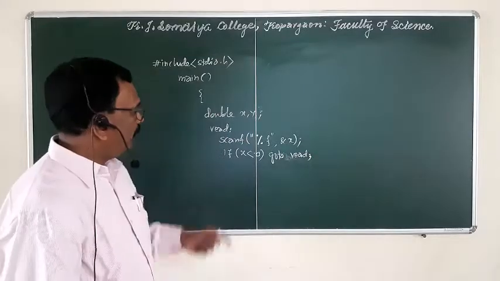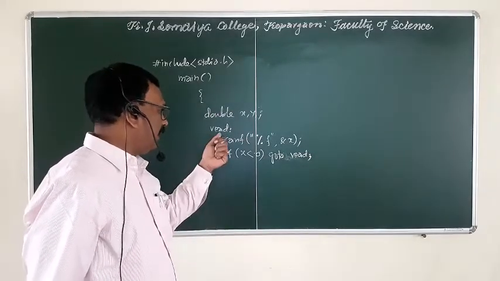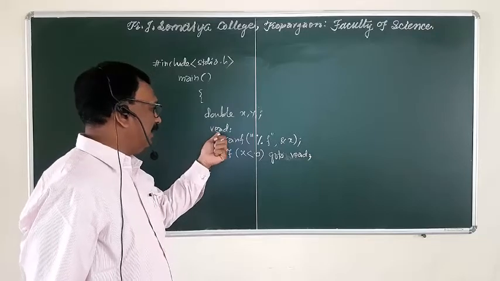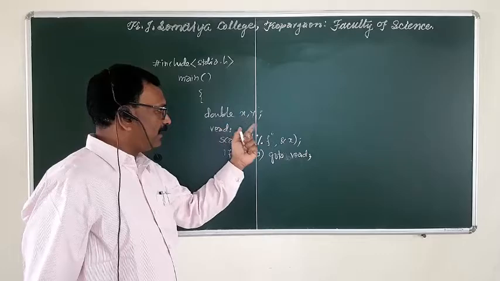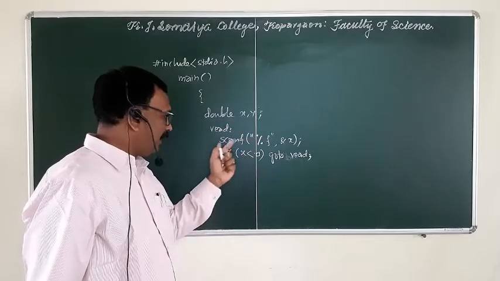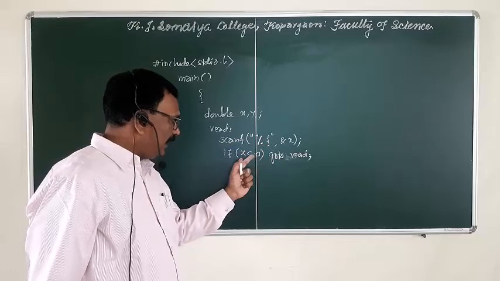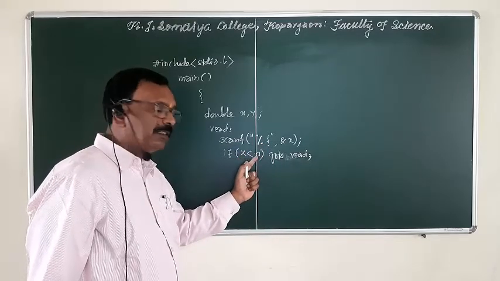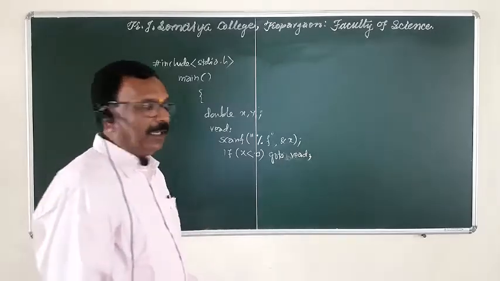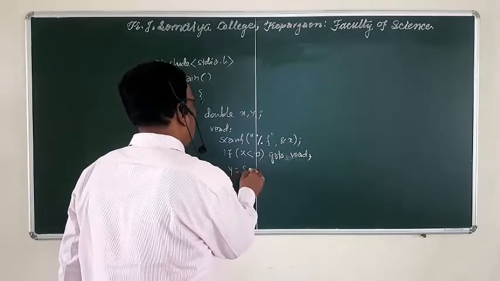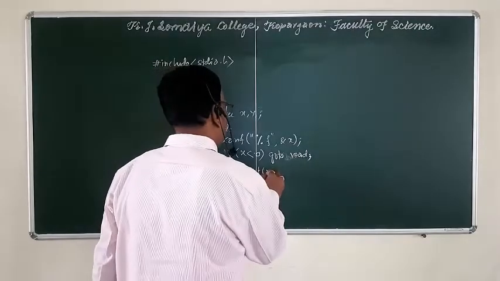See here. When we declare the variable, that is double, and when we encounter the read label here, the program reads the value of x with the help of this statement and compares this value with 0. Is x less than 0? If yes, then again goto read. Then y is equal to the square root of x.